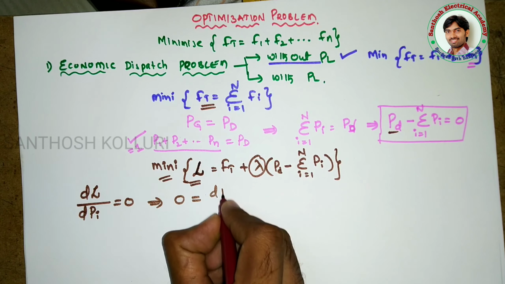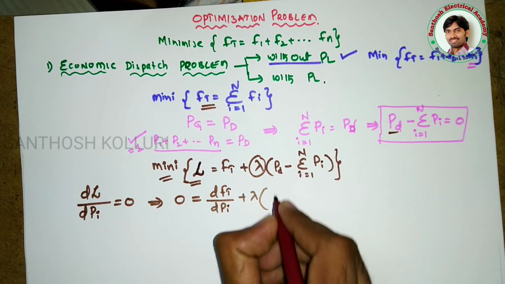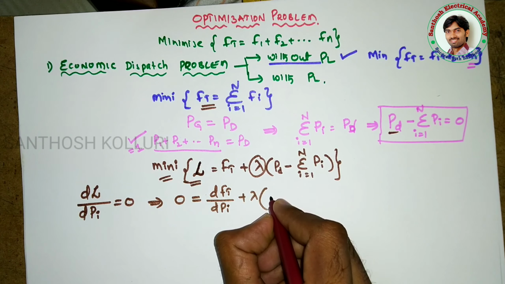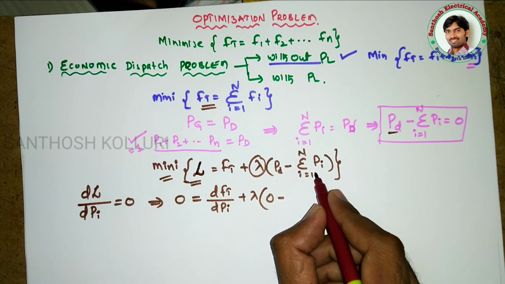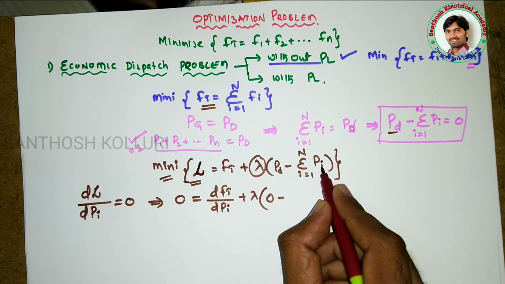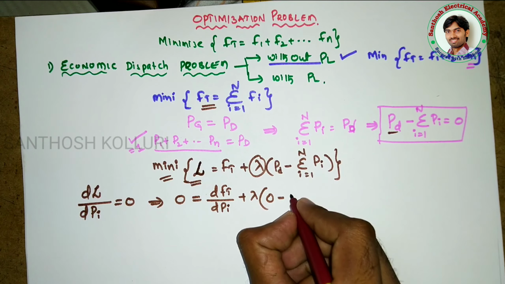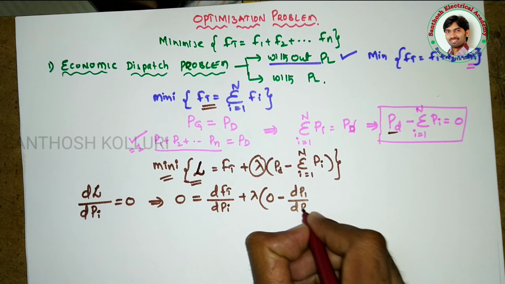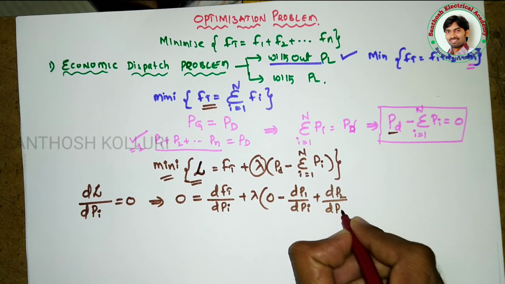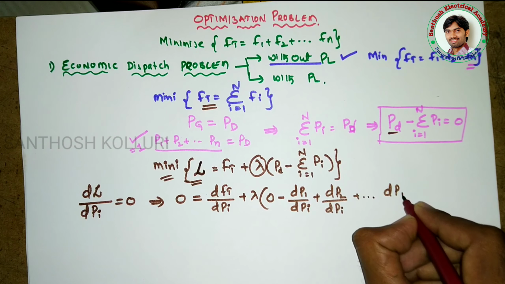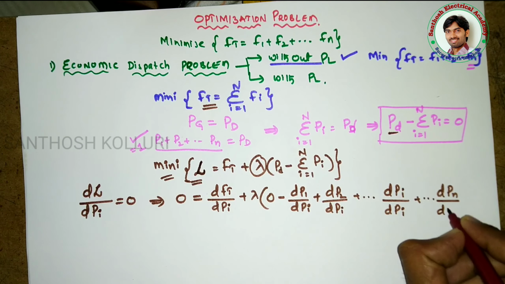Then I can write dFt by dPi plus lambda into d Pd by dPi, which is 0, minus sigma of dP1 by dPi plus dP2 by dPi, so on, up to dPi by dPi, so on dPn by dPi.